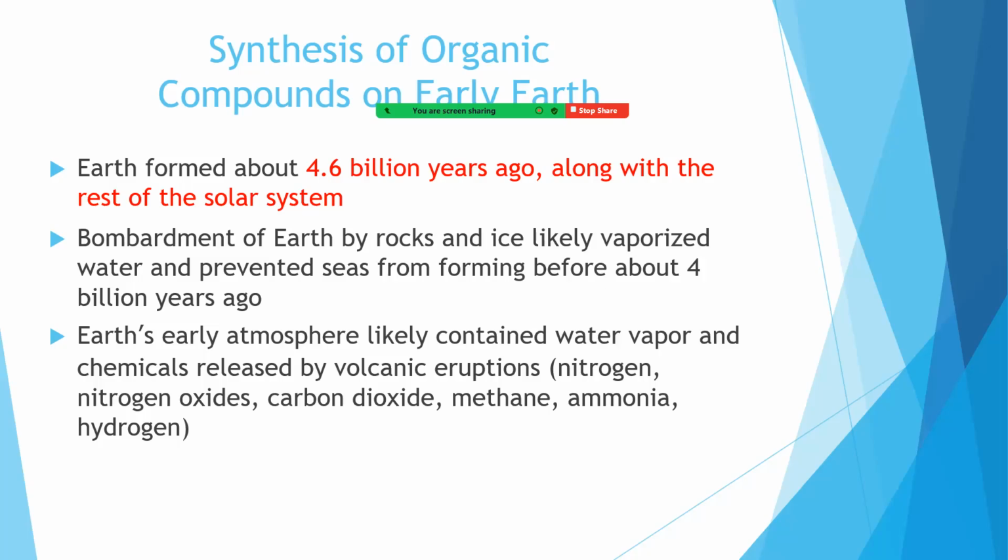In the very beginning, the early atmosphere likely contained water vapor and other chemicals that were released by volcanic eruptions, which were happening all of the time. So nitrogen, nitrogen oxides, carbon dioxide, methane, ammonia, and hydrogen. So there was little to no oxygen in the very early atmosphere of Earth.